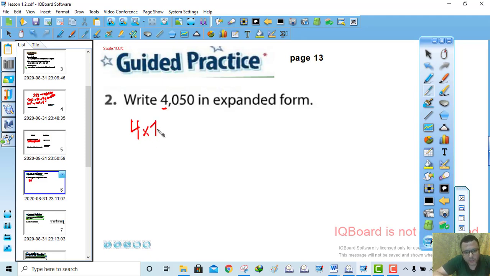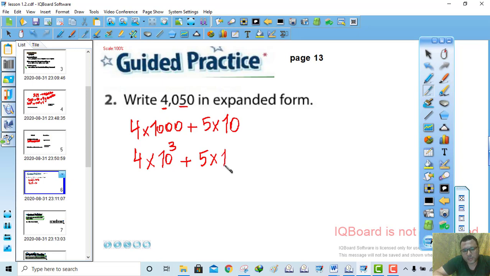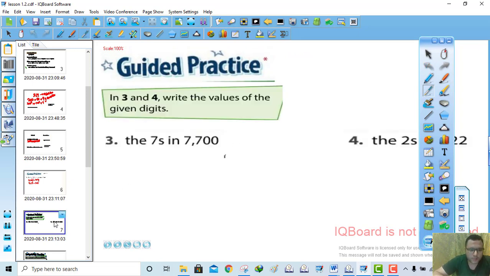So it's multiplied by 1000 plus 5, 0, nothing. 5 here in the tens place, so multiplied by 10. If you want to write it as exponent form, so it's going to be 4 multiplied by 10 to the power of 3, plus this one, 5 multiplied by 10 to the power of 1.